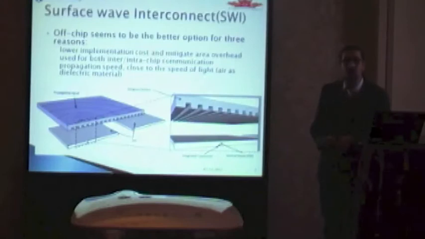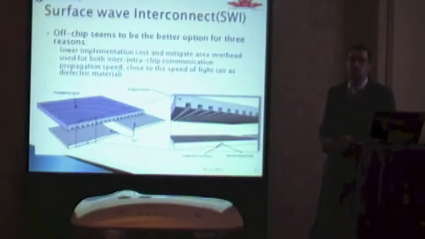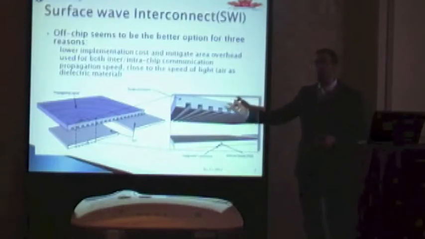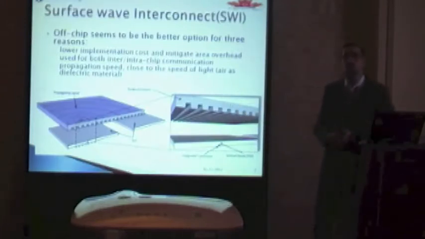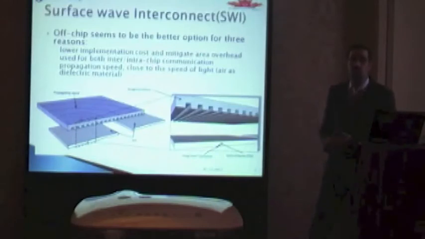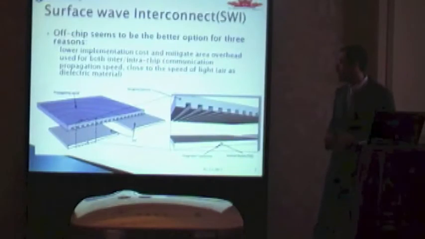And third, it offers much better propagation speed for the signal, since the electromagnetic signal speed is inversely proportional to the permittivity and permeability of the media transmitting these signals. So here we will have the air surrounding the surface as the dielectric, which has better features than the rest of the materials used for dielectrics.